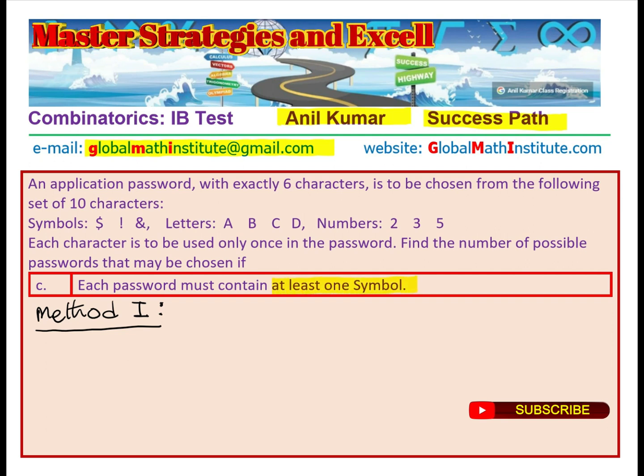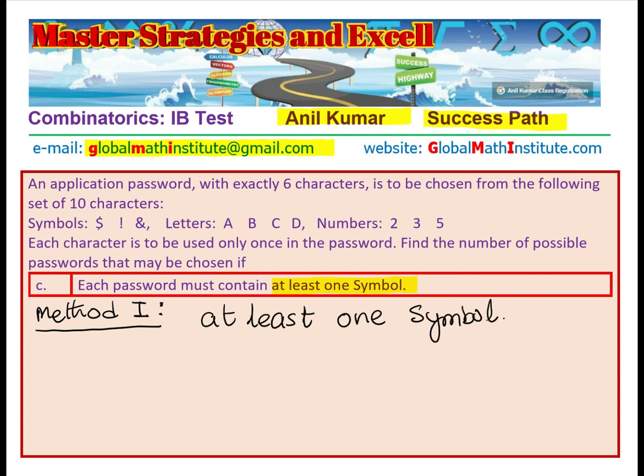You get the idea. So in part A, we had done without restriction, means there was no restriction. So basically, what we can do is we now want to find at least one symbol.